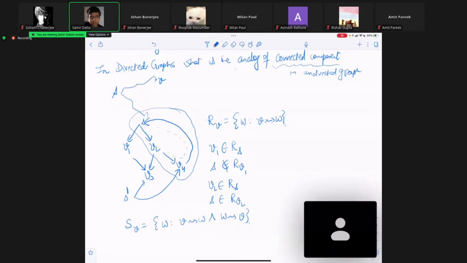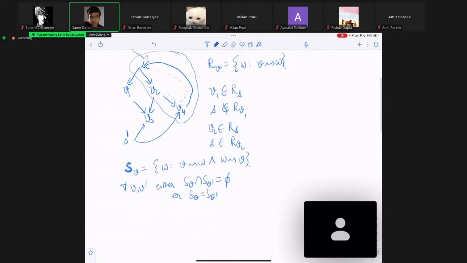That is, the S of V's are all disjoint or the same thing, meaning for all V and V prime, either S of V intersection S of V prime is the empty set, or S of V is equal to S of V prime. This is how equivalence classes should behave. So there is some relation under which the S of V's form equivalence classes.